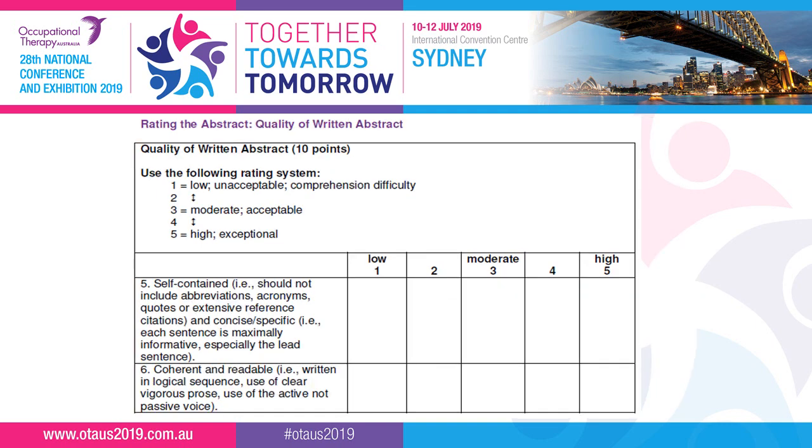And then finally, the last two relate to the quality of the written abstract. And these should be reasonably easy to get reasonably good ratings for. However, there are a lot of circumstances where people don't get good ratings. So the first one is self-contained.